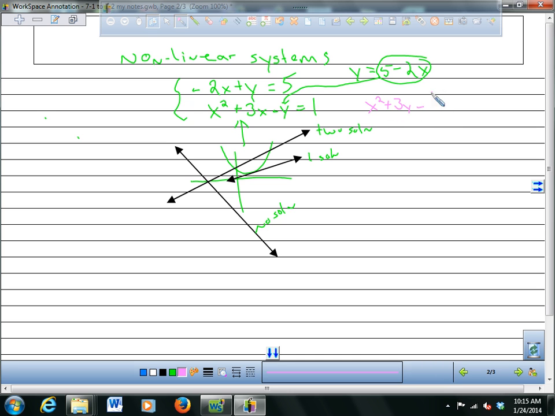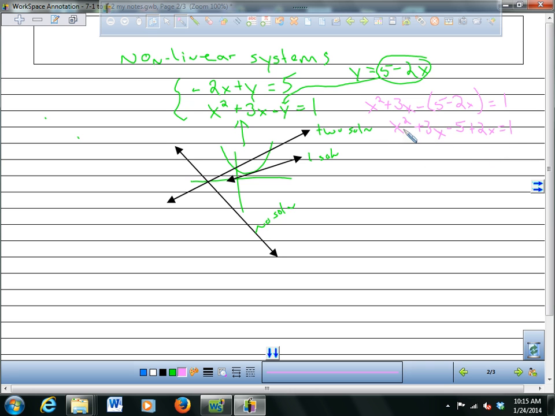Don't forget your parentheses, because you've got to use the distributive property, equals 1, right? Then you want to distribute and simplify: x squared plus 3x minus 5 plus 2x equals 1.